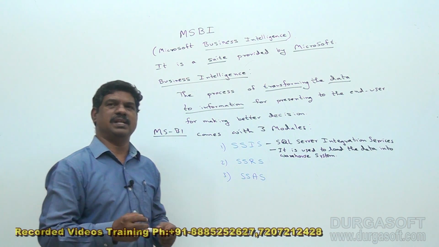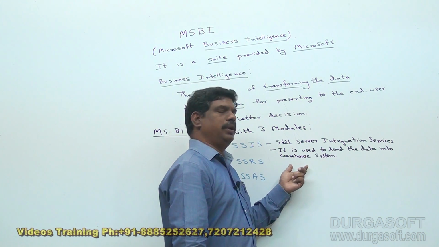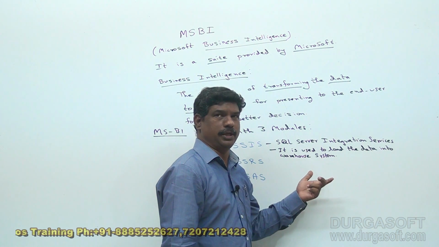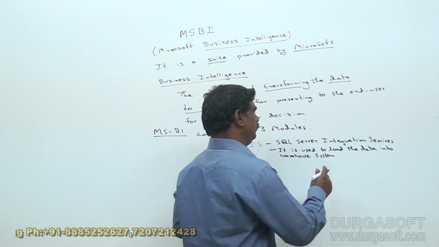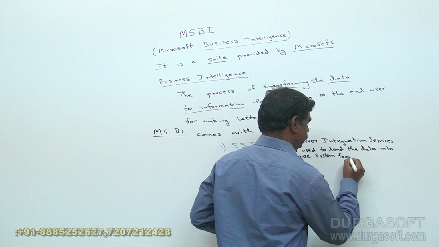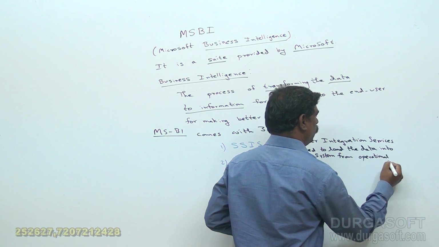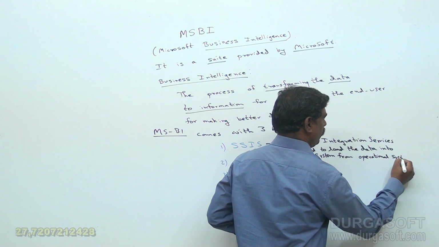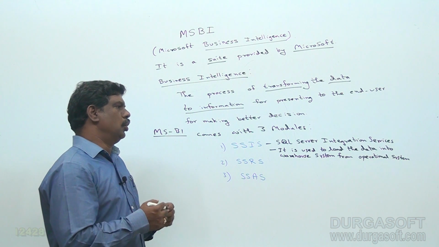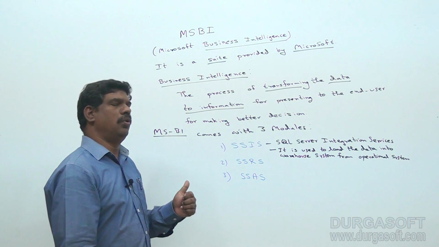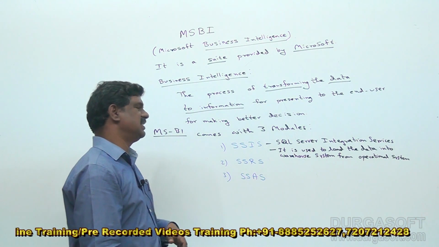SSIS is a module, or a GUI tool, used to load the data into the warehouse system. From where are you loading? From the business system, from the operational system, or transactional system or ODS. It is used to load the data into the warehouse system from the operational system. To do this type of activity, we are using a module called SSIS.